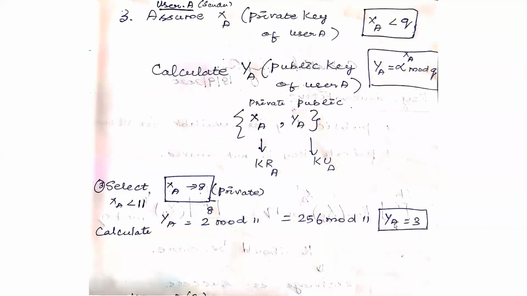So now in the key generation, what are all the keys we know? XA is 8 and YA is 3. And for B, XB is 4 and YB is 5. In the key generation process, this is the formula. Now substitute YB, whose value is 5: 5 power 8 mod 11. What is 5 power 8 mod 11? 5 into 5 is 25.